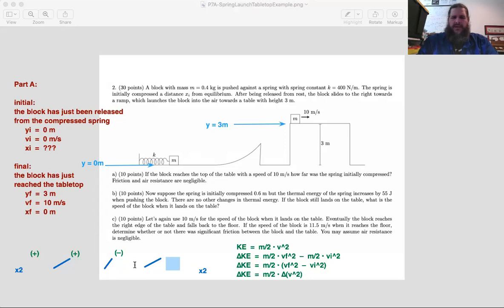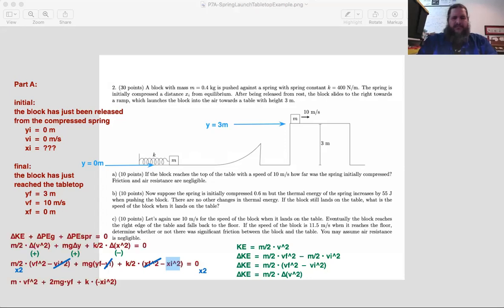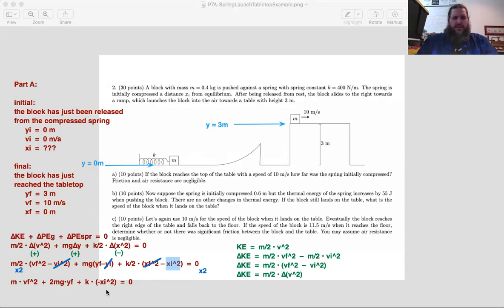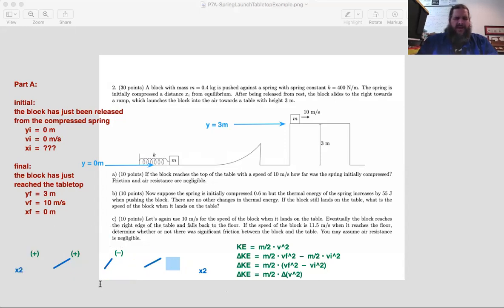Plus k over 2, but we're multiplying by 2, so k times 0 minus x initial squared becomes negative x initial squared. All adds up to 0. We could also pull out that negative and write this as minus k times x initial squared.